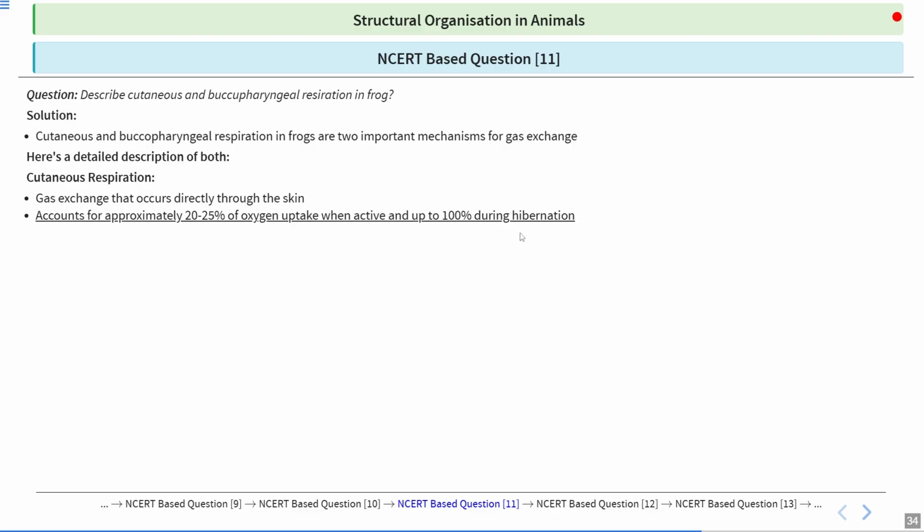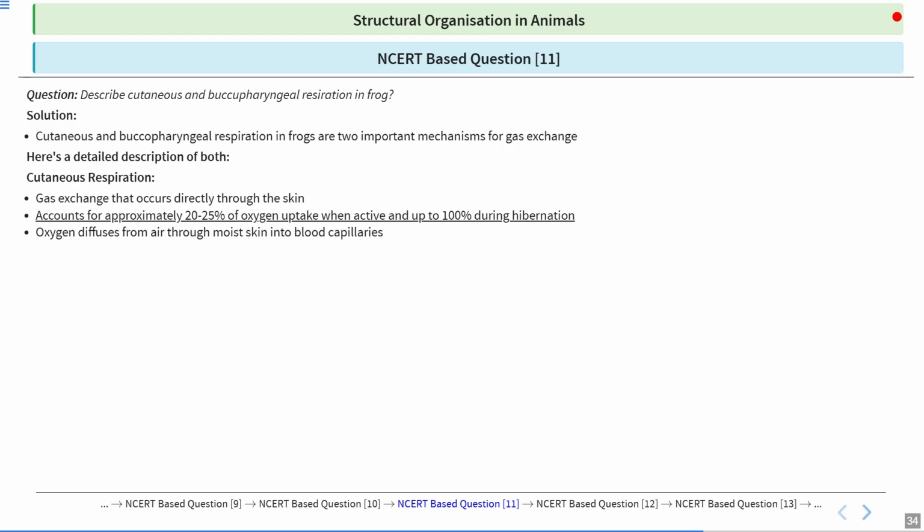So when they are active, meaning when they are on land or in water, 20 to 25% of respiration is taken by the skin. But at the time of hibernation or estivation, 100% of respiration is taken care of by this mechanism, cutaneous respiration.